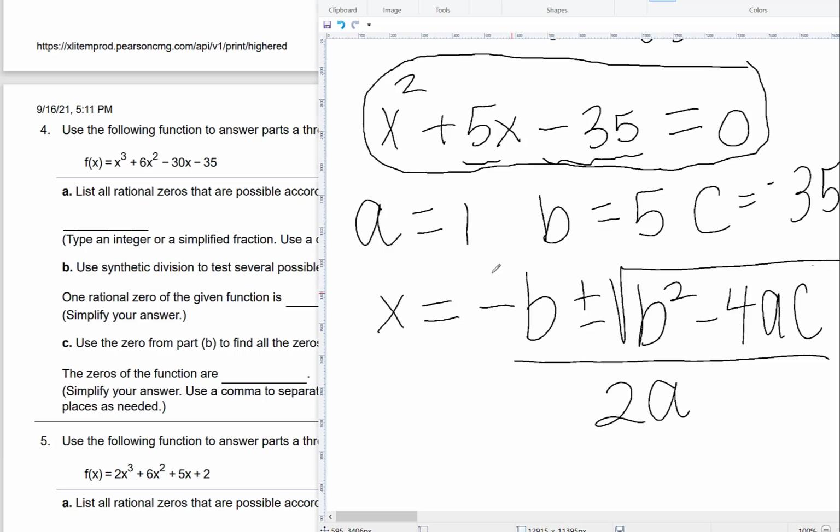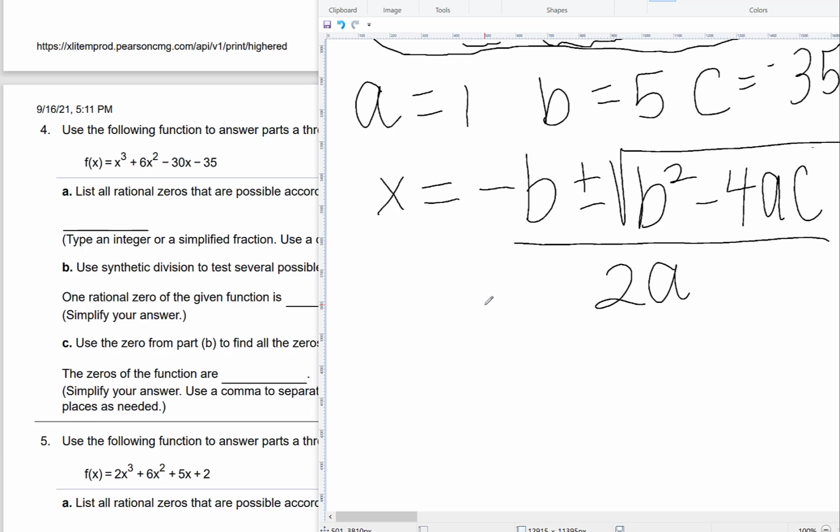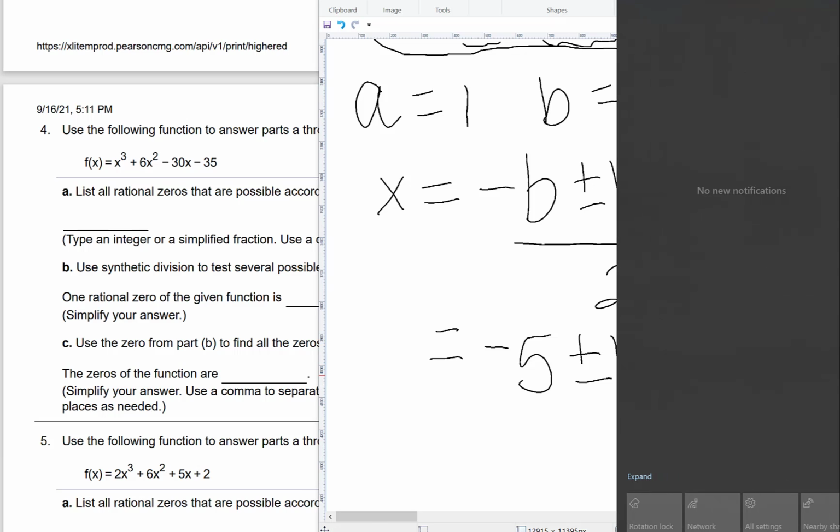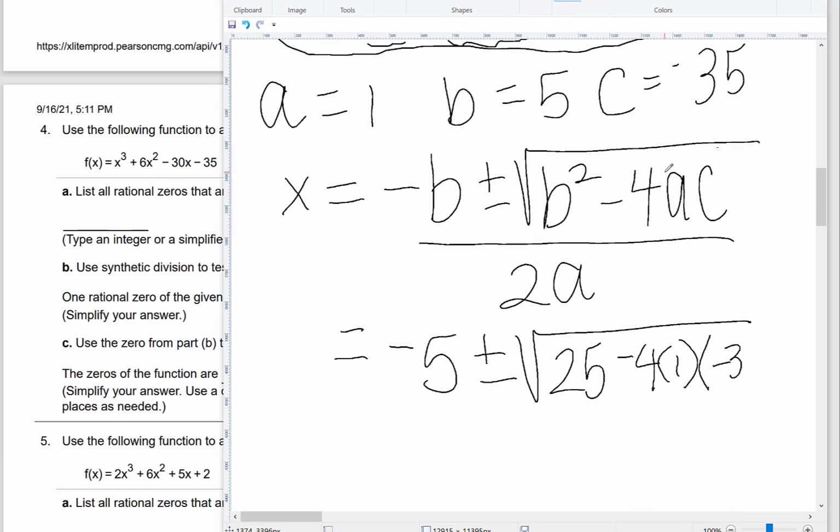Right? So the opposite of b would be negative 5 plus and minus the square root, b squared would be 25, minus 4 times 1 times negative 35. And all of that would be over 2 times 1.